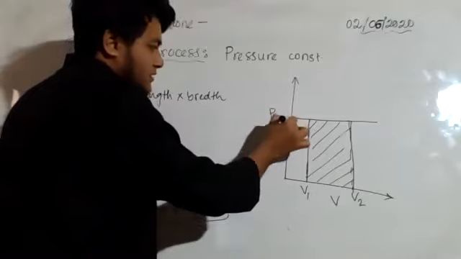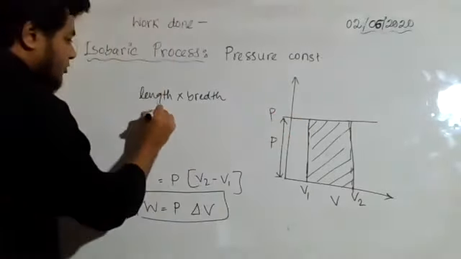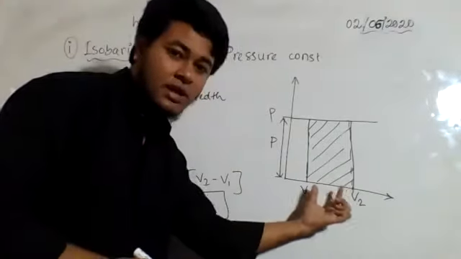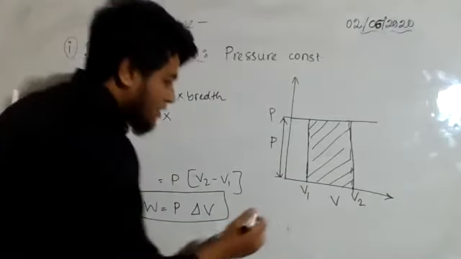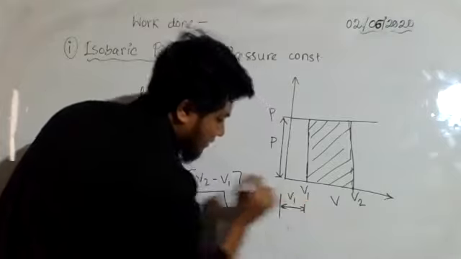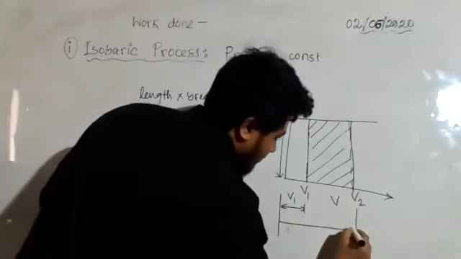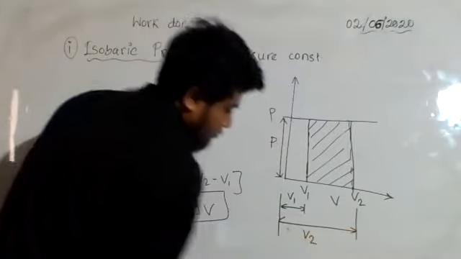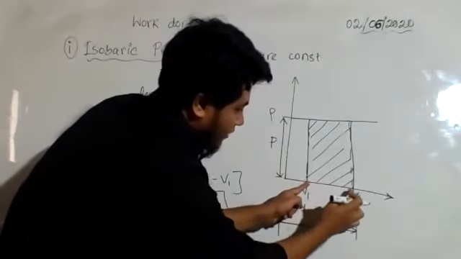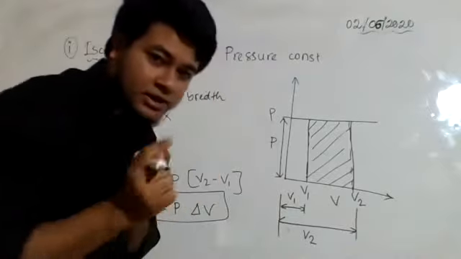So what is the length? This is the pressure, right? So length is pressure. Now the question arises, what is the breadth? This is the breadth. Now how do we find this breadth? If you take a closer look, this is the value of V1, and up to here it is V2. This total amount is V2, this is V1. So if I want to find this, I can write V2 minus V1.